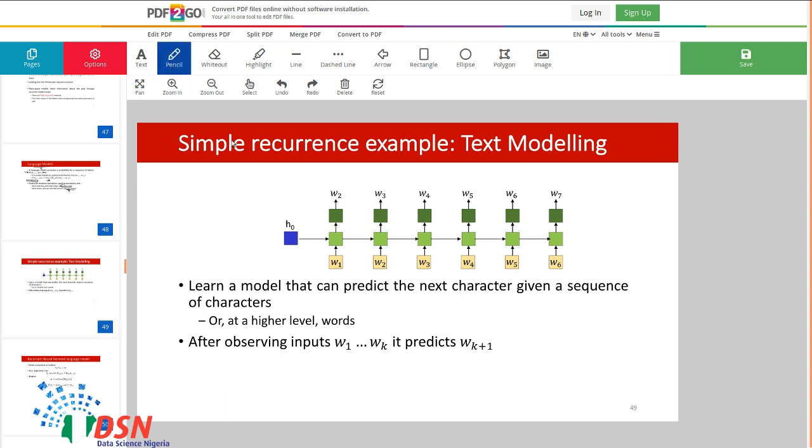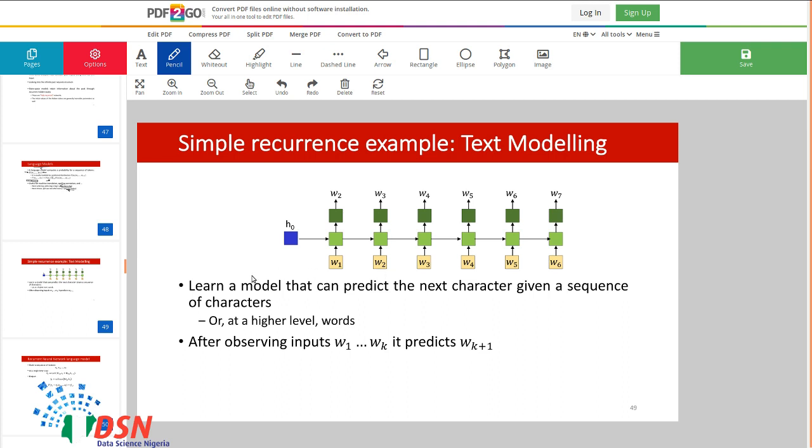Okay, so we want to have a model that we give a character, and we want the model to predict some other characters for us.